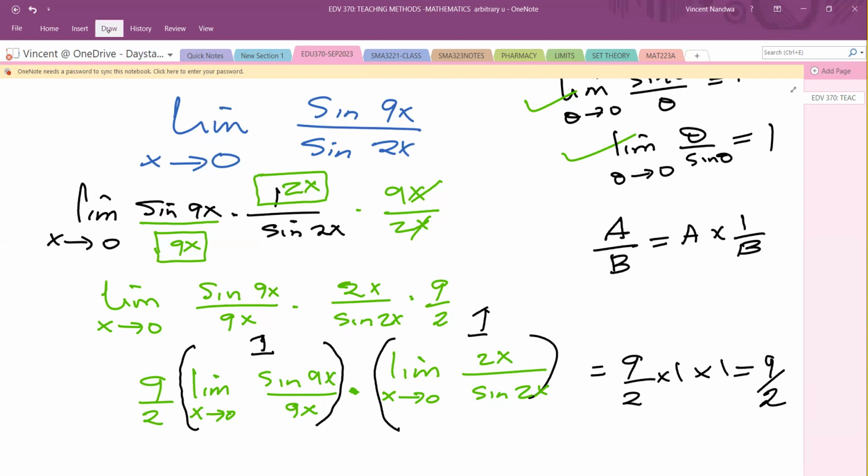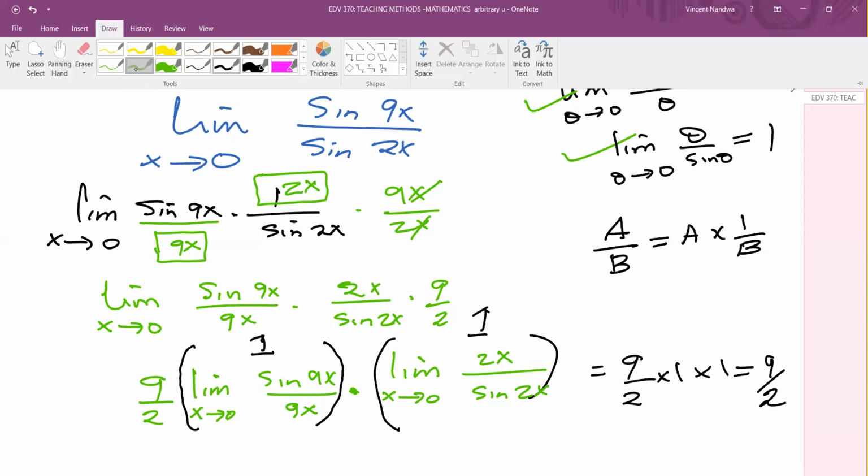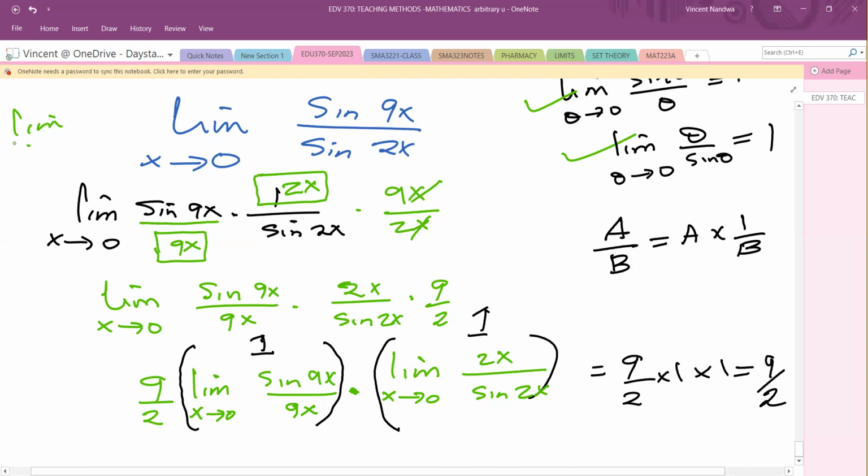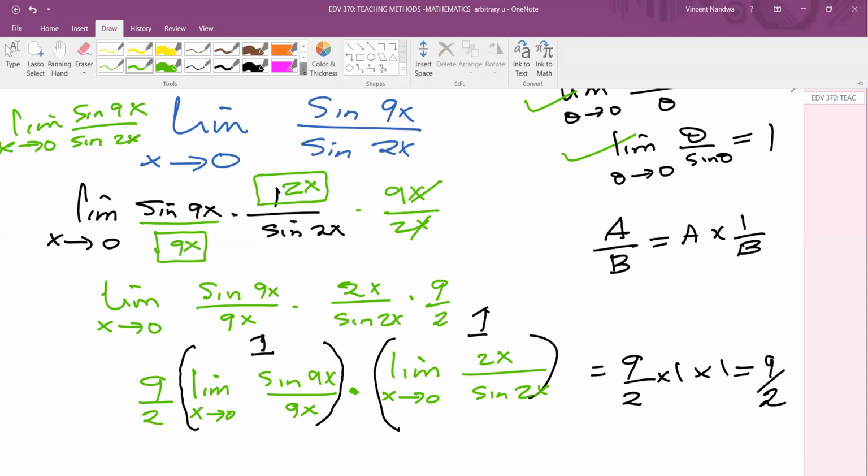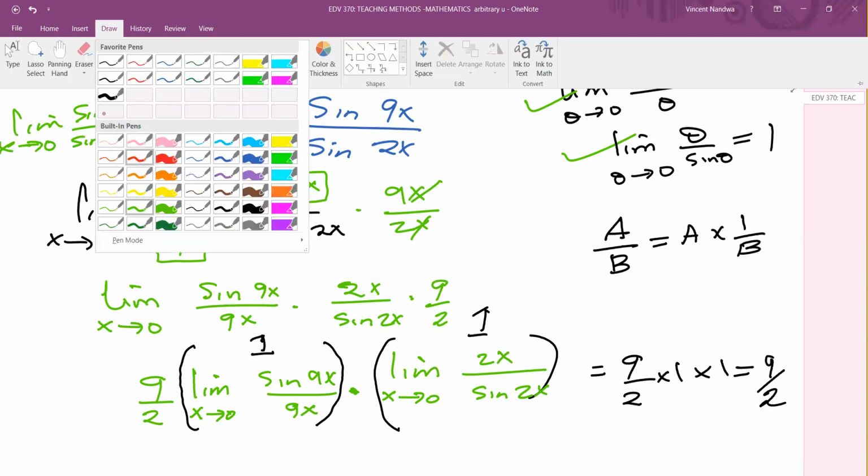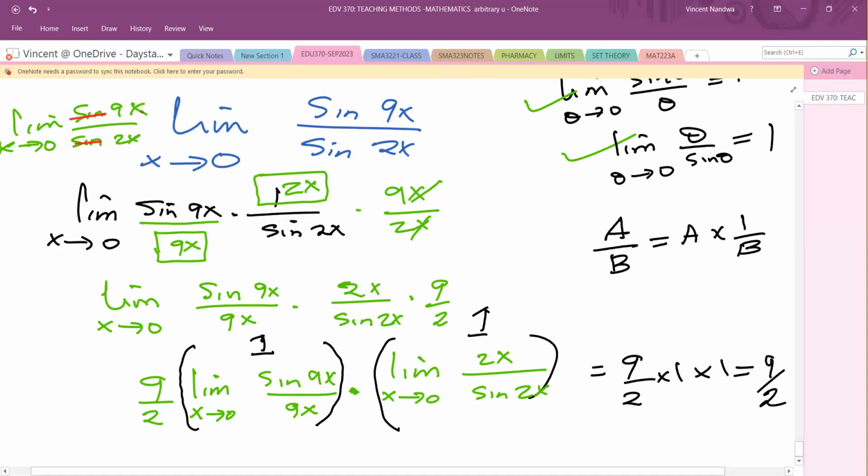So please don't say that it's that easy, that the limit as x approaches 0 of sine 9x over sine 2x, you just cancel sine with sine and x with x and remain with 9 over 2. That's not how you show the answer. The answer will indeed be 9 over 2, but please show it.